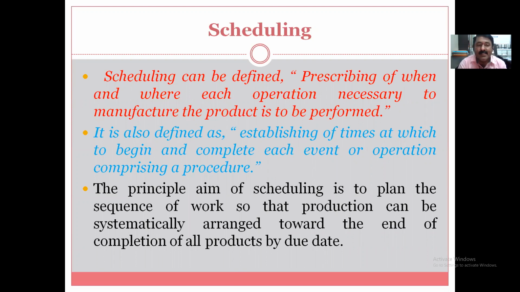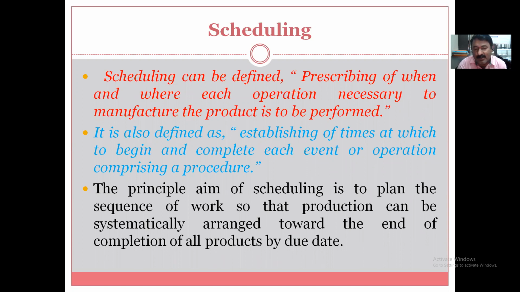And where, for example, for turning operations, you will go for an ordinary lathe, or a special purpose lathe machine having some attachments, or a CNC machine. The same operation can be performed on different machines. On which machine the operation will be performed? This is the answer of where. So when and where each operation required for manufacturing is to be performed; this answer is in scheduling.